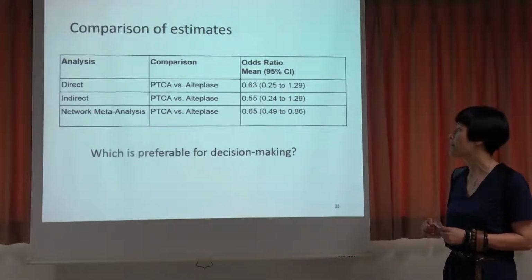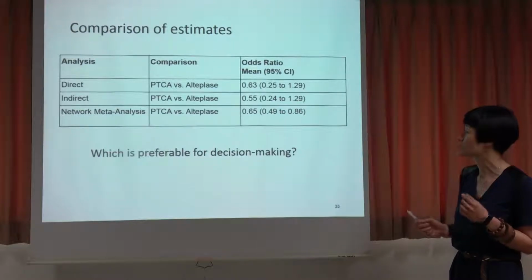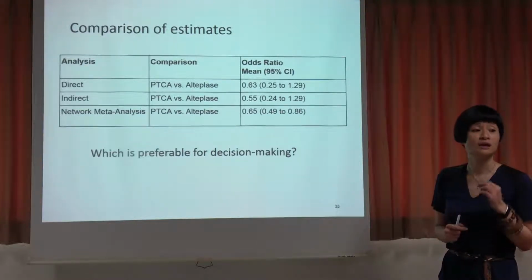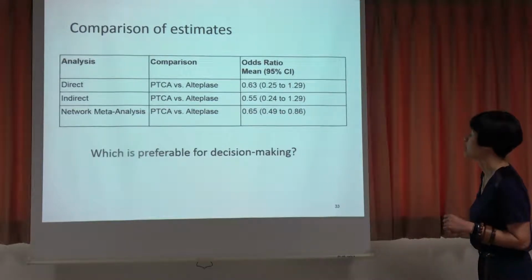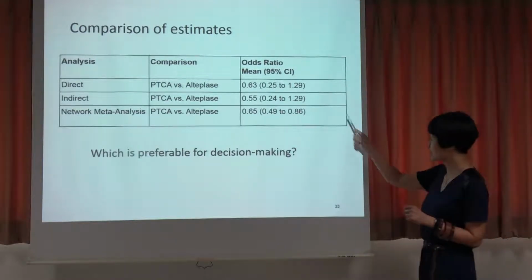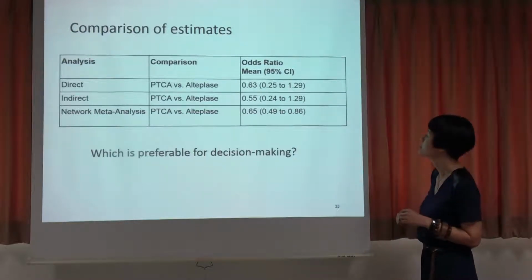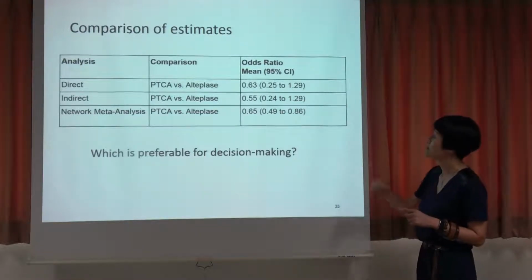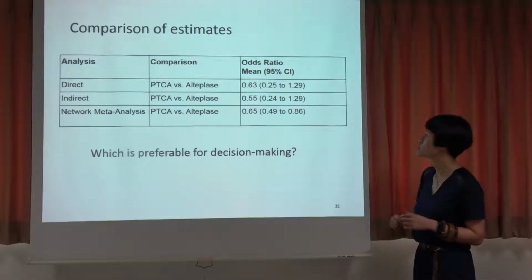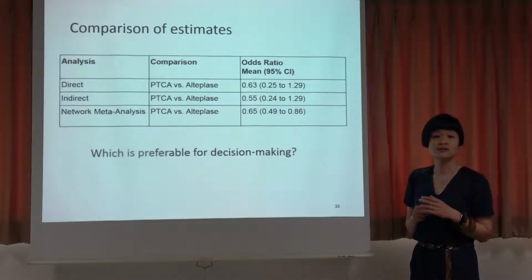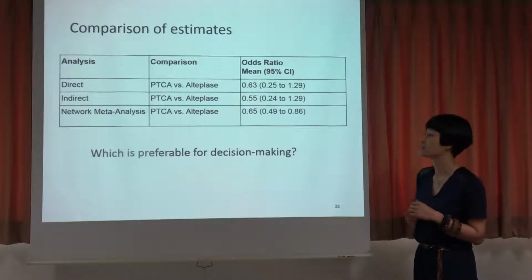So there is a risk reduction, but it's not statistically significant because the confidence interval includes 1 for the odds ratio. The indirect estimate, based on the adjusted indirect comparison that we talked about, gave us an estimate of 0.55, again a risk reduction, with a similar confidence interval to the direct evidence, and a statistically non-significant finding.